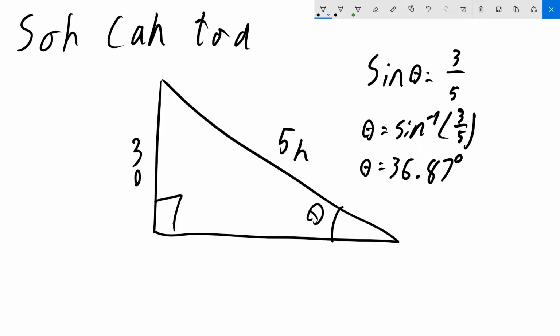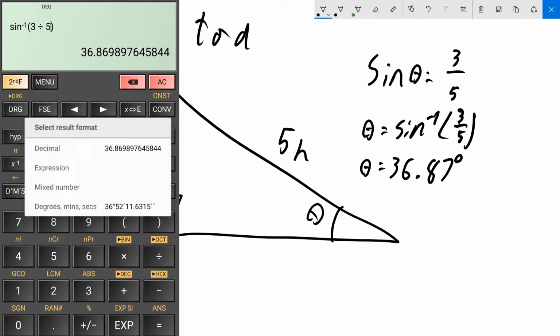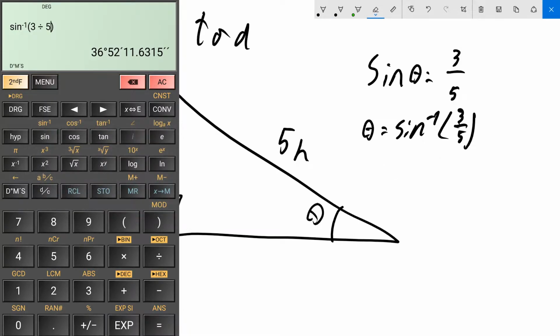So on a calculator, it's going to look something like DMS, but because of my calculator, it's slightly different. So if I want to represent this in degrees, minutes, seconds, I can say that this is 36 degrees, 52 minutes, and 11.6315 seconds.